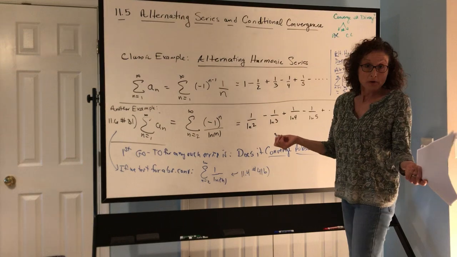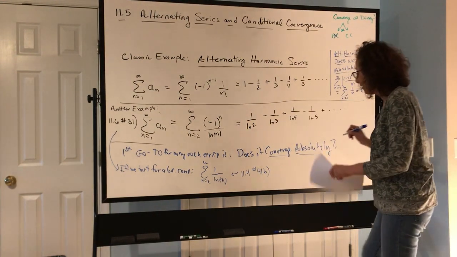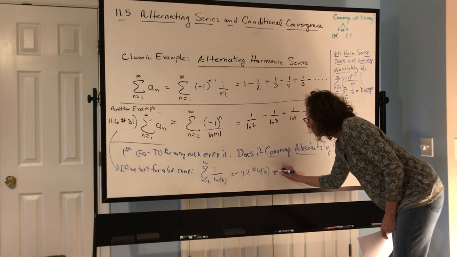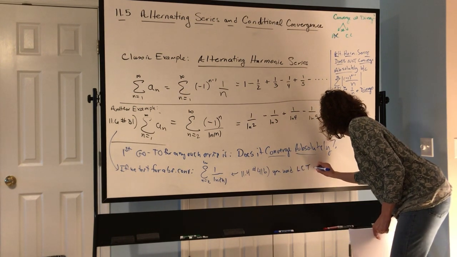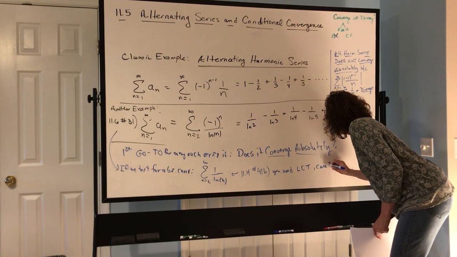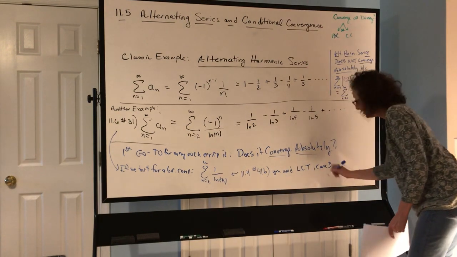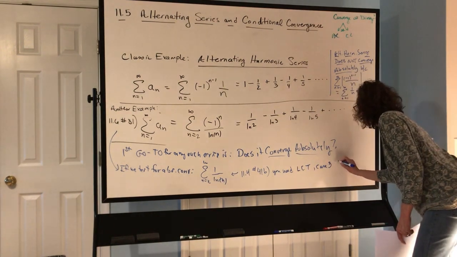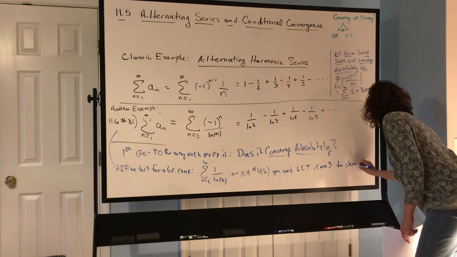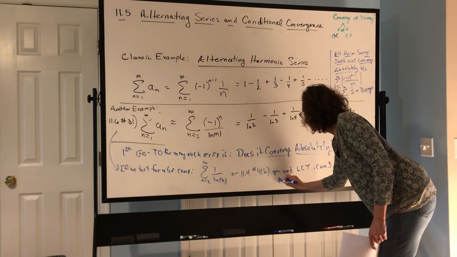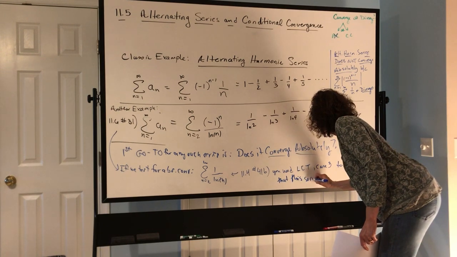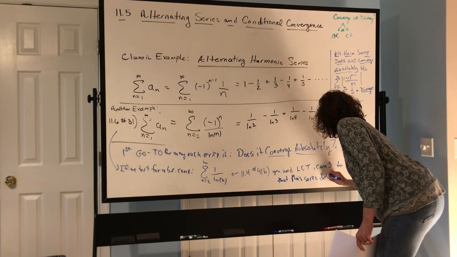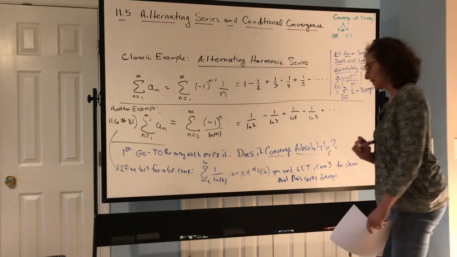You've already done this problem back when you did 11.4, and in that one you used the limit comparison test, case 3. Since it's case 3, you know what happens, right? To show that this series diverges. Okay?